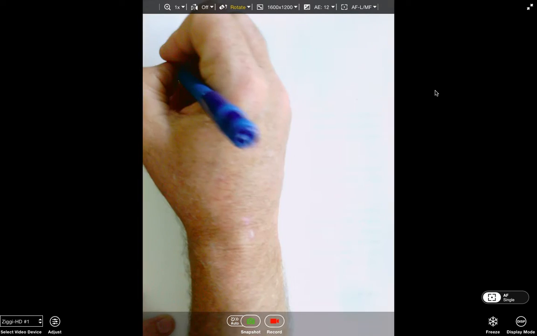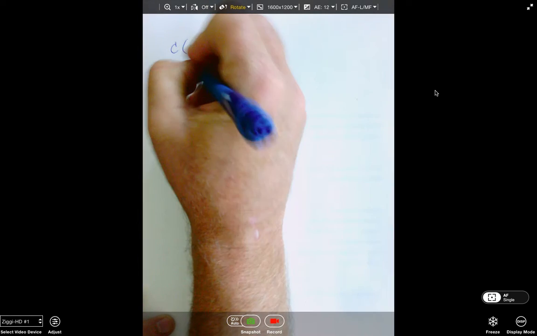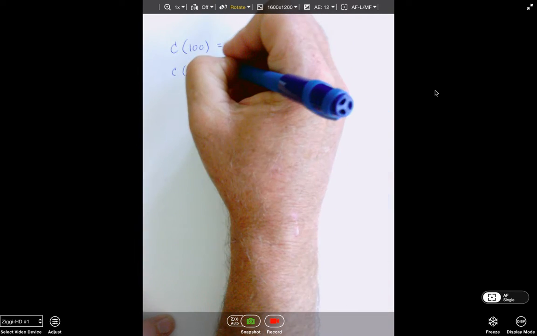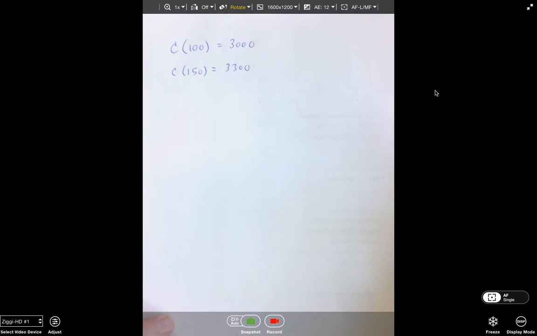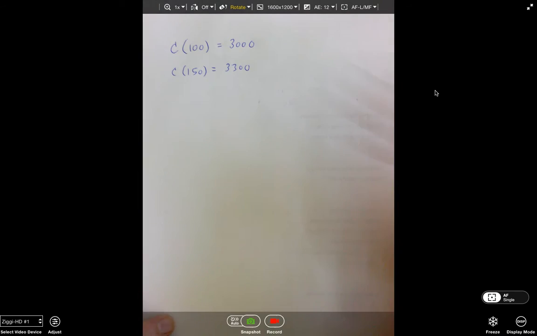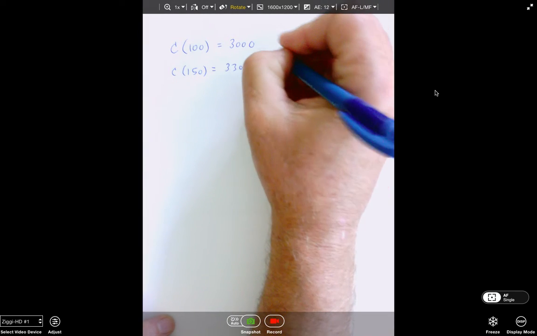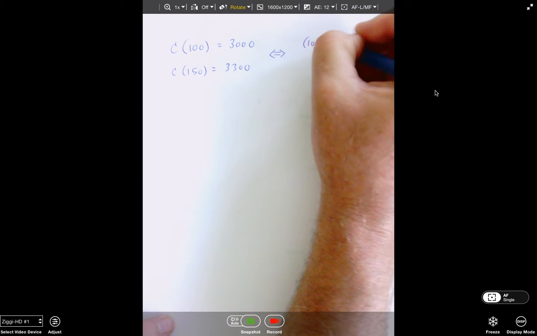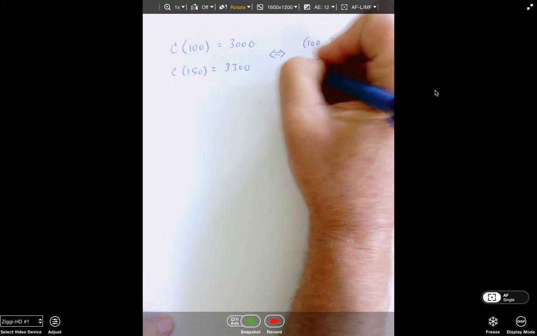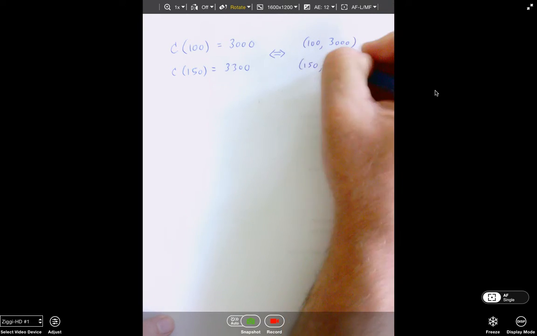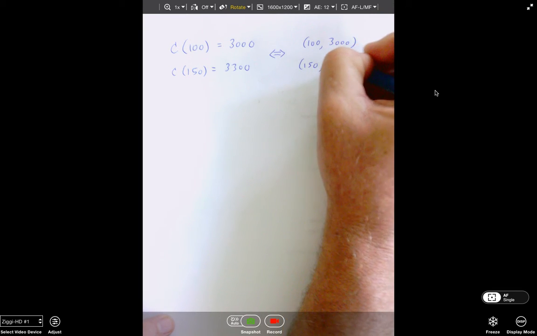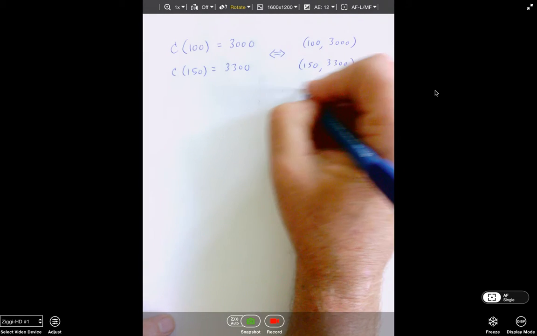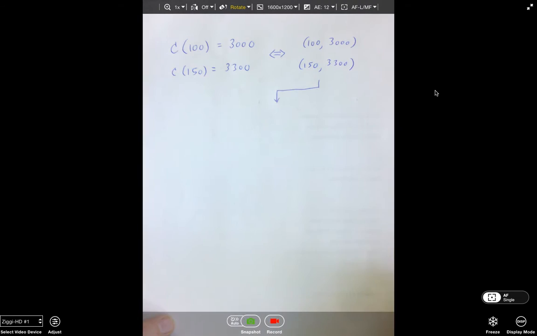And C of 500, or I'm sorry, 150. I'm just making up stuff. It's 3,300. Now, what did we do before? Well, we said we can make ordered pairs, like this. What did we do next?